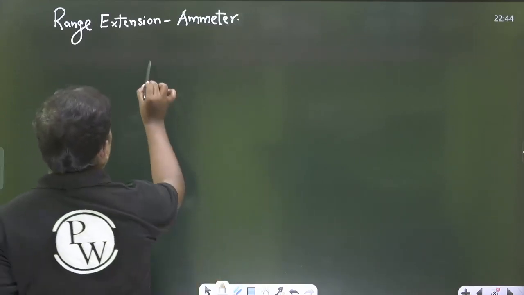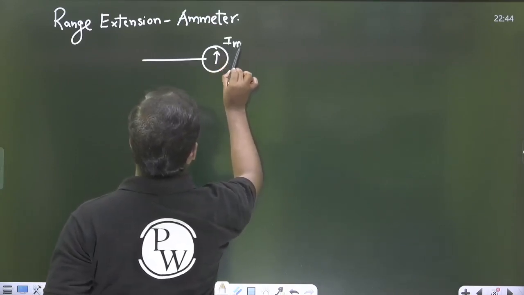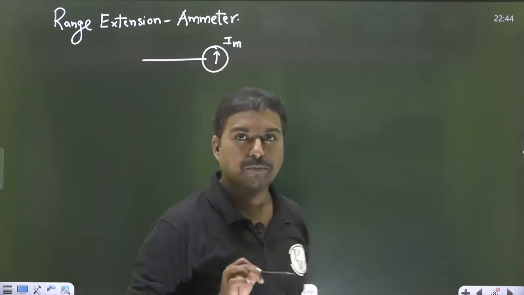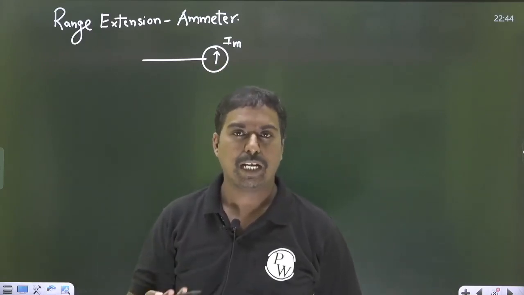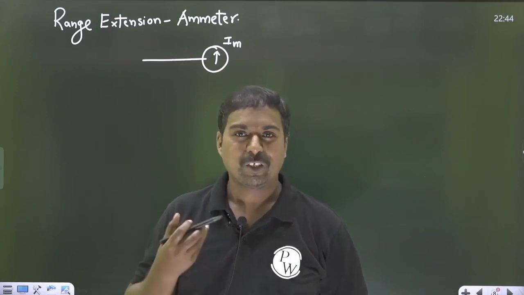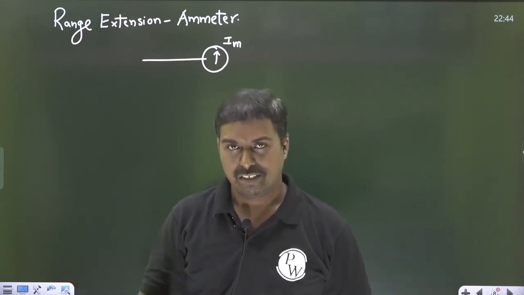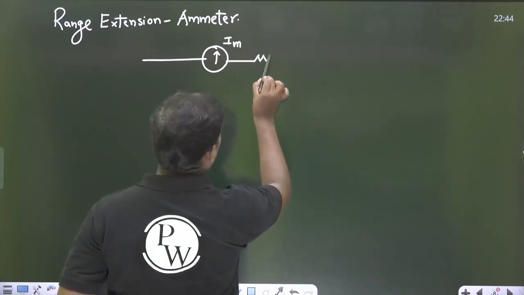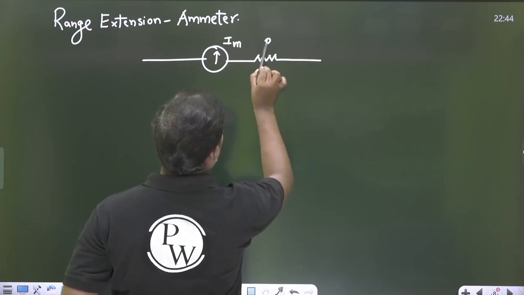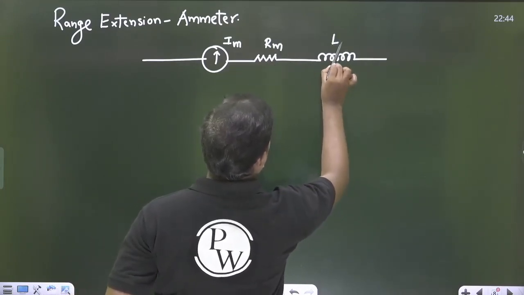So dear students, this is the meter IM, but remember, it is made up of an air cored coil. It is made up of an electromagnetic type coil. So coil means definitely it is having some self-inductance and resistance. So I can take, this is the meter resistance RM and this is the self-inductance of the coil LM.